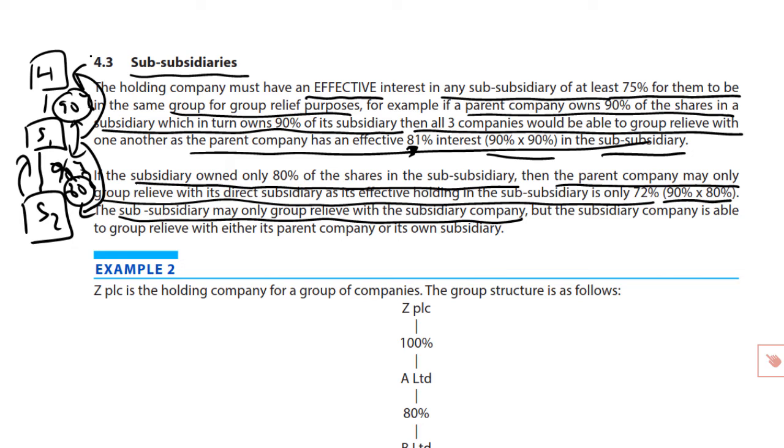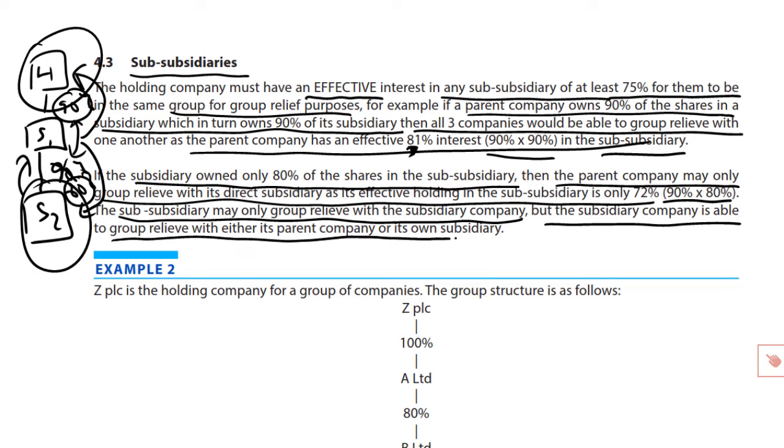The only two companies that cannot group relieve with one another are at the top, the holding company, and at the bottom, S2, the sub-subsidiary, the indirect sub. The subsidiary company is able to group relieve with either its parent or its own subsidiary, because it has direct links of at least 75% to its parent company and separately to its own subsidiary company, S2 there.